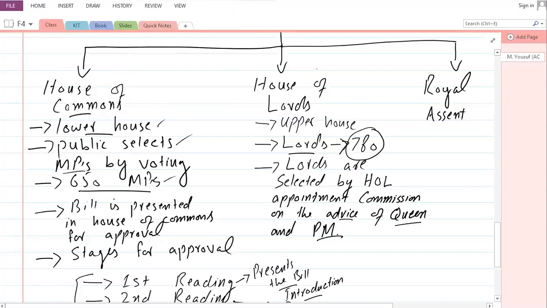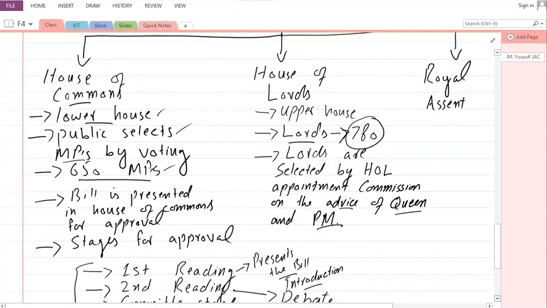So now let's start the discussion: the bill that was approved by the House of Commons is now presented in the House of Lords. So how will it be approved by the House of Lords?